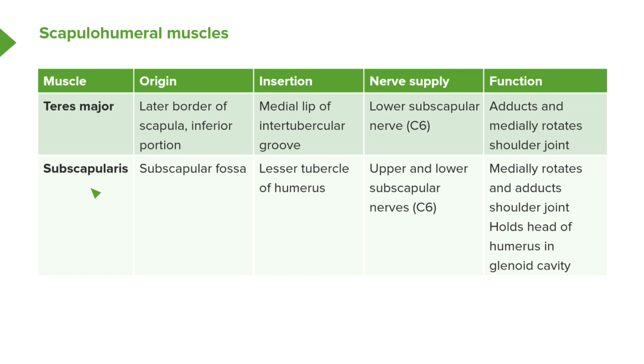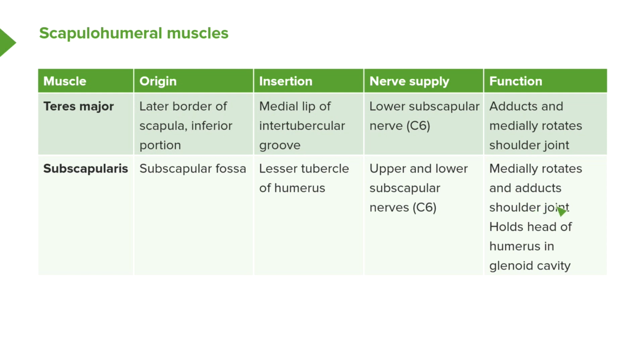Subscapularis is coming from the subscapular fossa. It's running to the lesser tubercle. So where the other three rotator cuff muscles are running to the greater tubercle, this runs to the lesser tubercle of the humerus. Innervated via upper and lower subscapular nerves, it's important in medially rotating and adducting the shoulder joint.